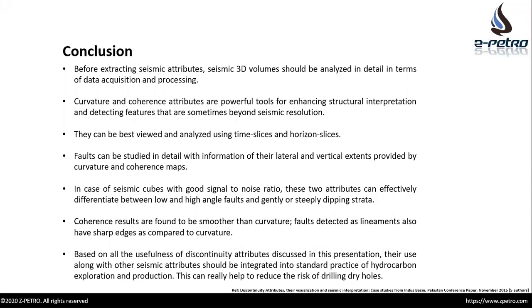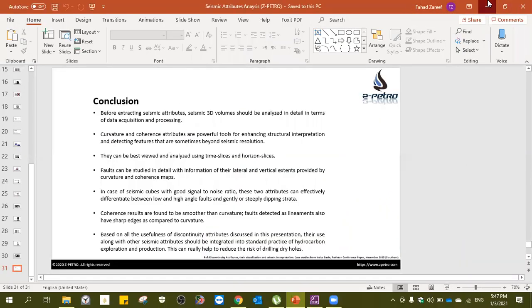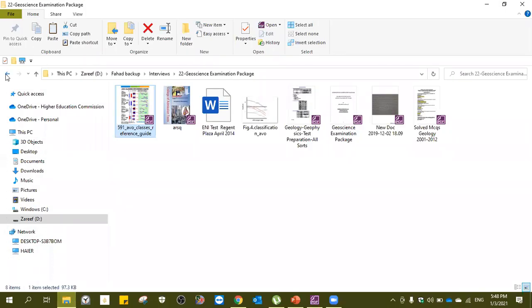If you have a poor quality 3D seismic data set, then you cannot do all these things, all right. So based on all the usefulness and discontinuity attributes discussed in this presentation, they are used along with the seismic attributes, all right. So this was our presentation, on how these seismic attributes work, all right.